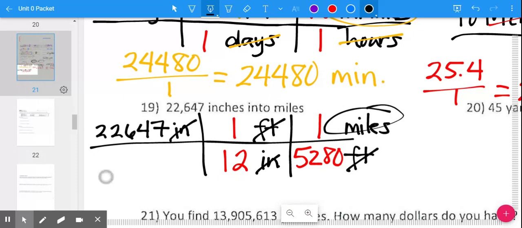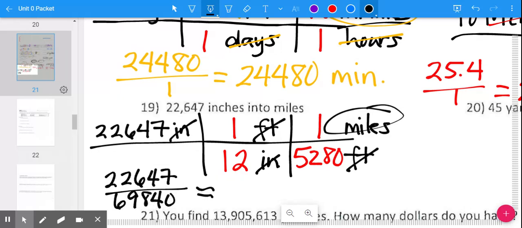So when you multiply straight across the top, you get 22,647 over 69,840, which becomes approximately 0.32 miles. I did the approximately because it's a very long decimal, and we don't want to write all that out. So instead, I wrote approximately 0.32.